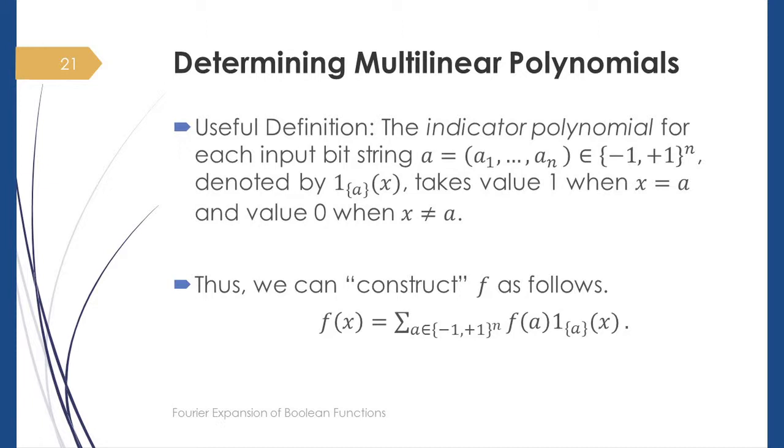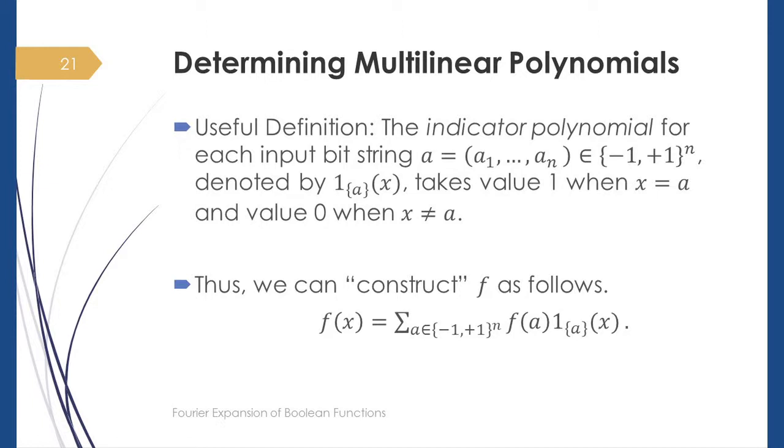The indicator polynomial has the important property that when you substitute x into the polynomial, it will return a value of 1 exactly when a matches x. Notice that x can take on any one of 2 to the n input values, of which a is 1.